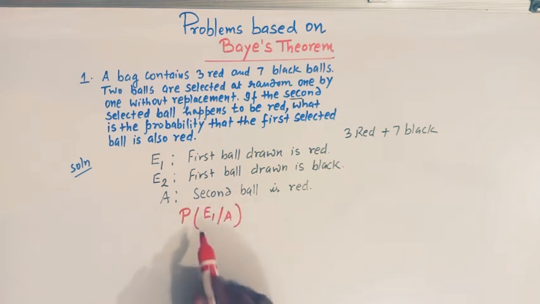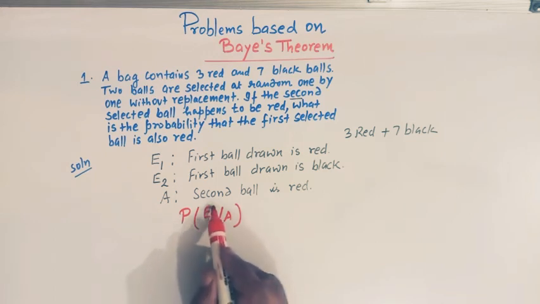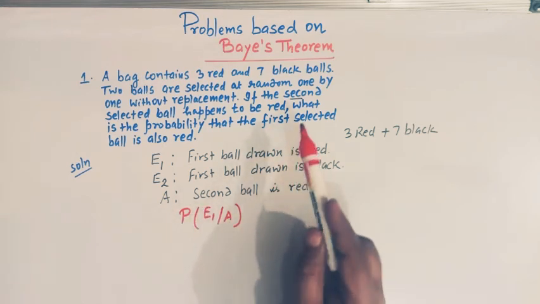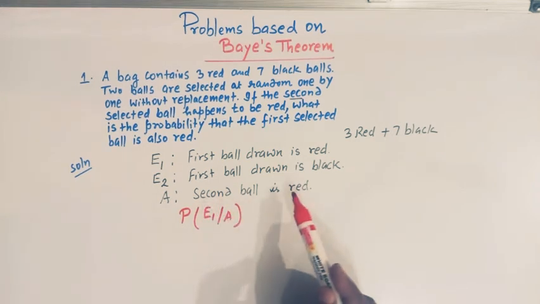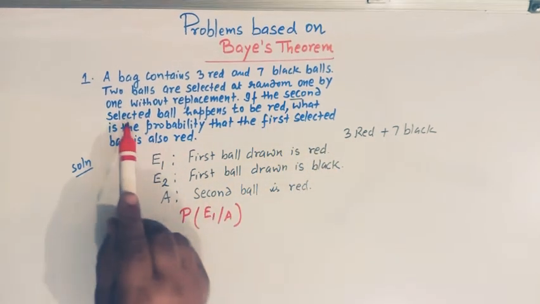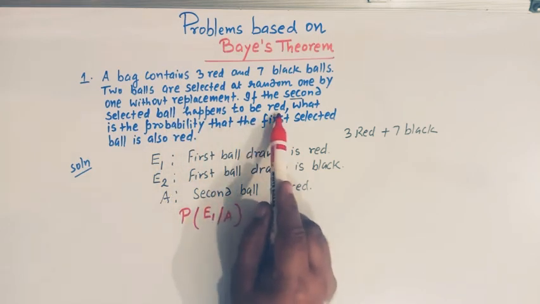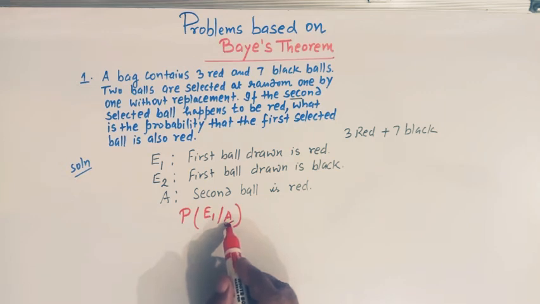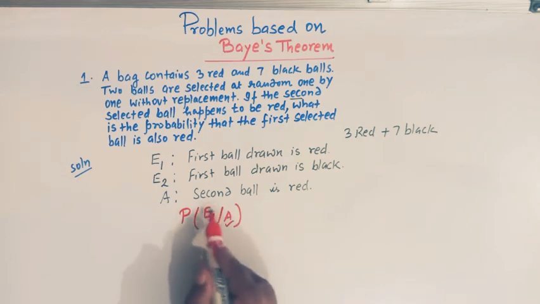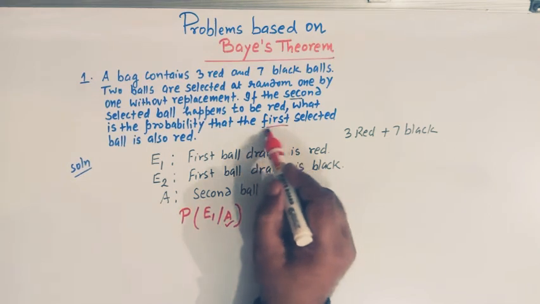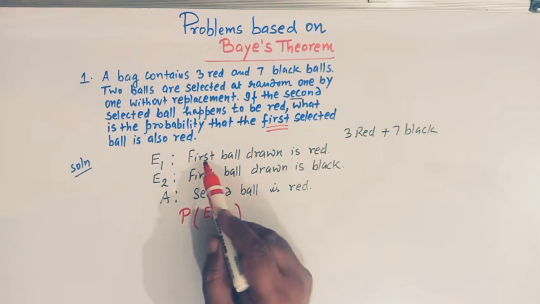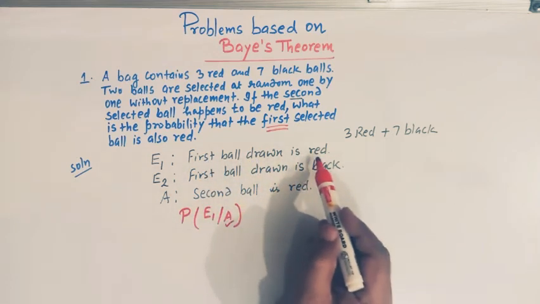So we have to find the conditional probability of the event E1 when A has already happened. It means we have already got the second ball as red, and we have to find the probability that the first selected ball is also red, and E1 represents the first ball drawn is red.